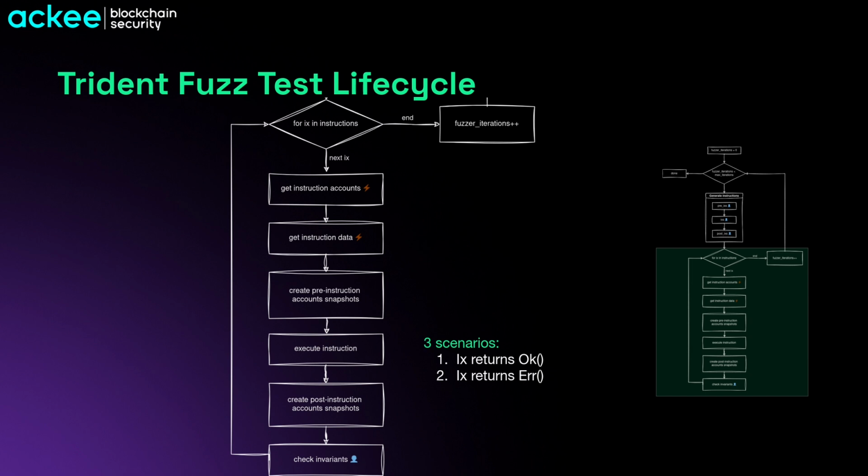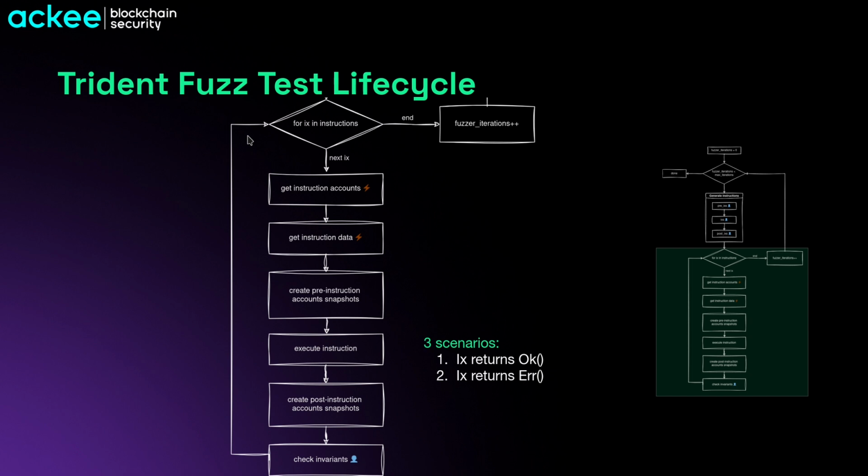In that case, we don't have to continue this program flow, because all the account states that were submitted to the instruction are reverted to the original state and nothing is updated. So it does not make sense to do other checks here.